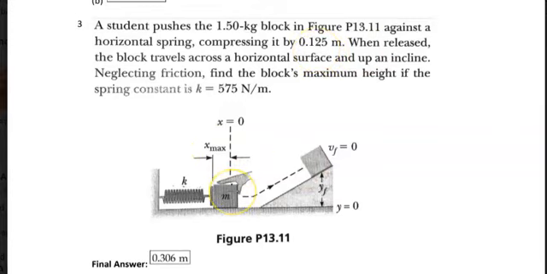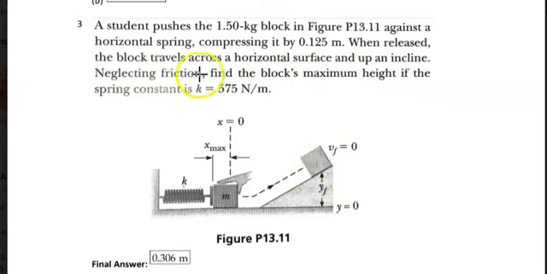And then when it is released, the block travels along the horizontal surface and then up the incline. At this point, the block is positioned at a certain height, and in this question you are asked to find the height of the new position of the block.